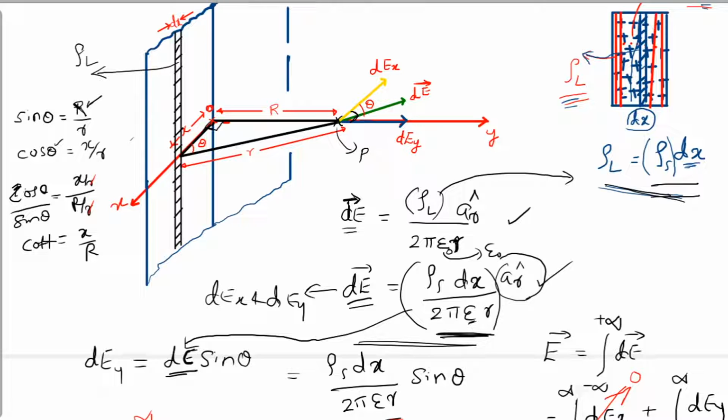Cos theta by sin theta is x by r divided by R by r. Small r and small r get cancelled, so I get x by R. And cos theta by sin theta is cot theta, the opposite of tan theta. Sin theta by cos theta is tan theta, so cos theta by sin theta is 1 by tan theta, or cot theta.